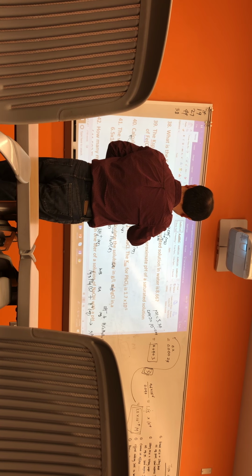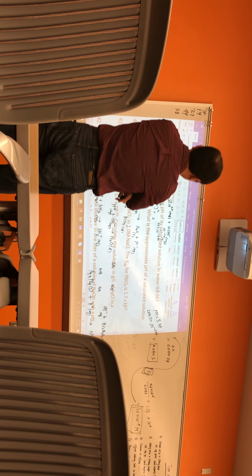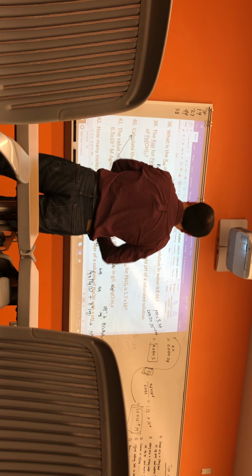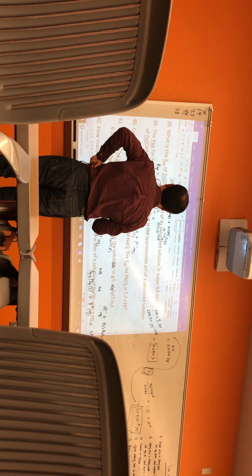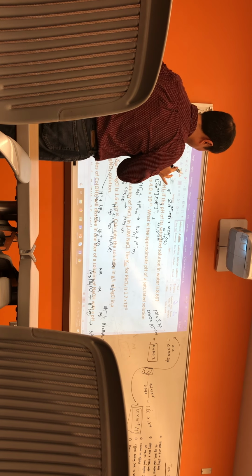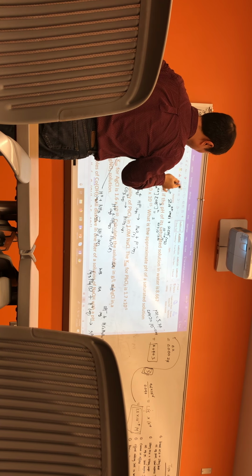The KSP of zinc hydroxide, the pH is given. Wait a minute. The pH of a saturated solution is that.